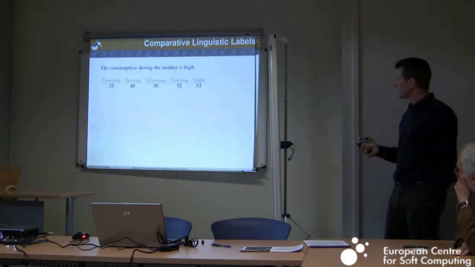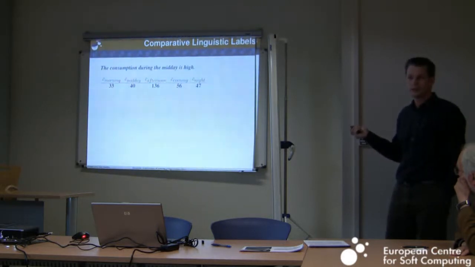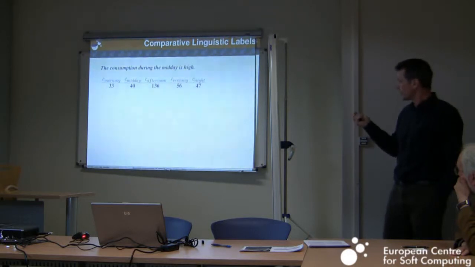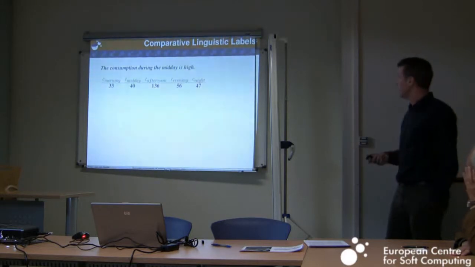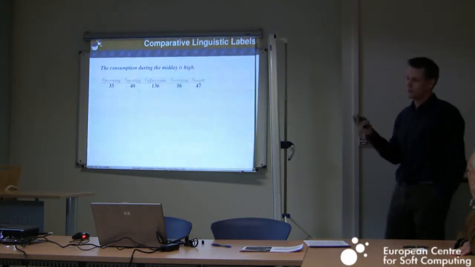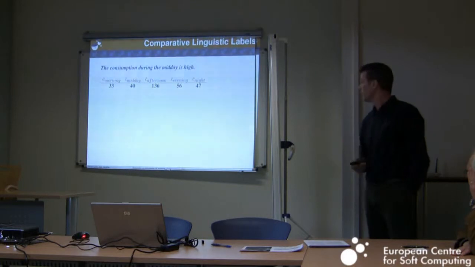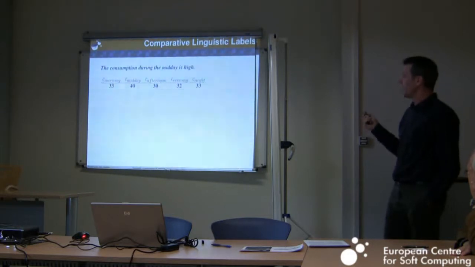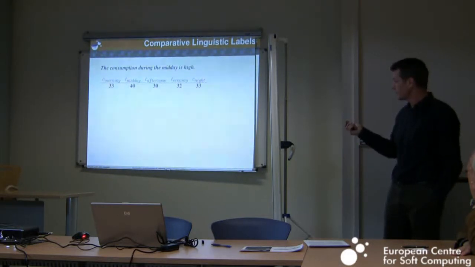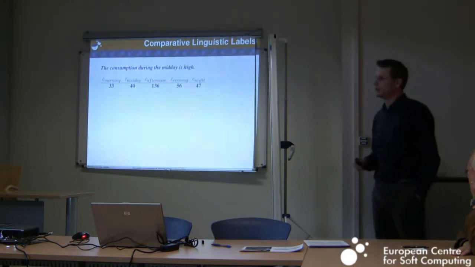But when we have this situation, where the variance in the day is much bigger, this significance of 40 is not so much, so the consumption of 40 is not considered high. And for the other types of sentences, when we have a comparison between two parts of the day, between, for example, morning and midday, you would say, for example, the consumption in the midday is higher than in the morning, which would be true for this situation, but in this situation it would actually be equal, because morning and midday could be considered more or less equal.